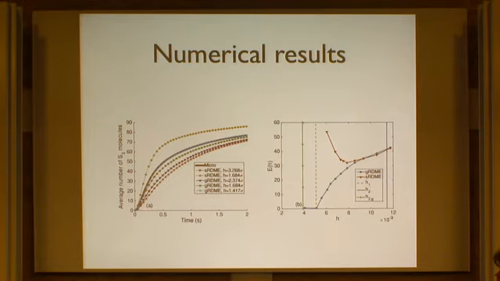On the left, I plotted the average number of S3 molecules over time. The red thick line here is the microscopic results. This red line here is the standard RDME for some mesh size greater than the smallest possible mesh size. And this is the standard RDME as we take H smaller than the smallest, in this H star infinity.